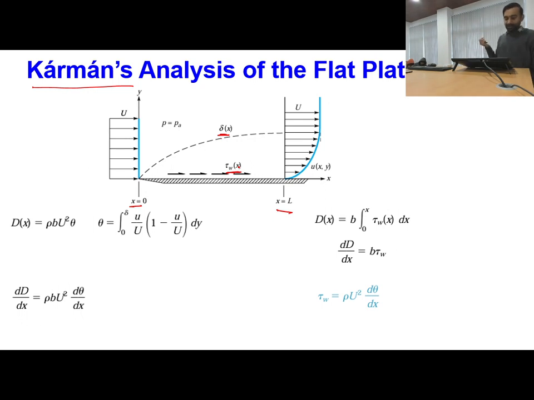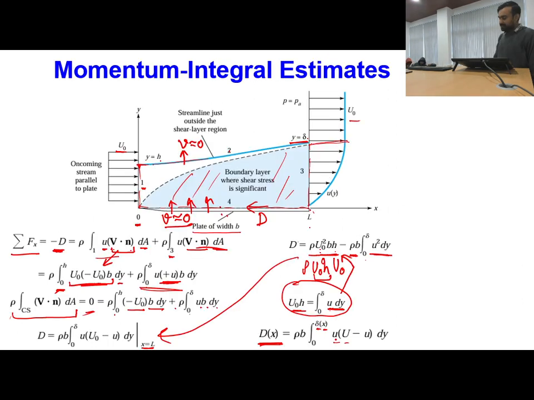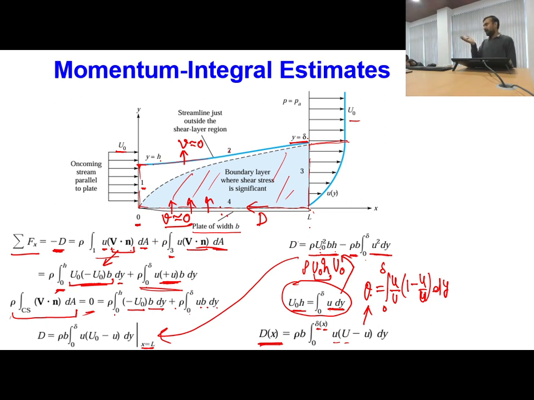Now, in the previous equation, if I use one parameter theta, which is equal to integral 0 to delta u by capital U into 1 minus u by capital U dy, this theta parameter is the momentum thickness. Just now I have derived for you over the board the formulation of momentum thickness.